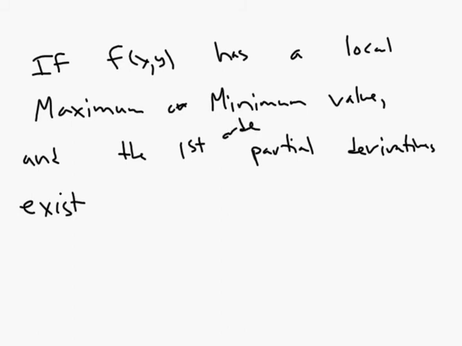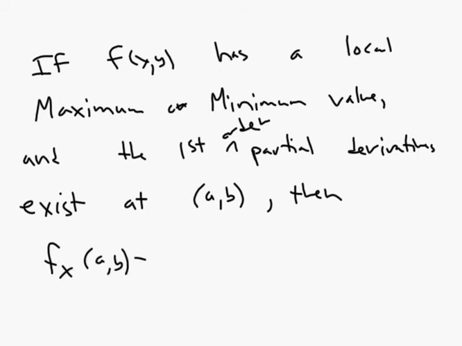First partial derivatives exist at this point, at, we'll say, a comma b. That's going to be our point of interest. Then f sub x of a comma b must equal 0, and f sub y of a comma b must equal 0.